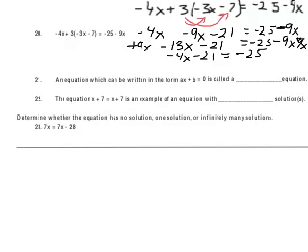Alright, now I'm going to add 21 to both sides. Because I'm running out of room, I'm not going to get fancy here. So we have negative 4x equals negative 4.